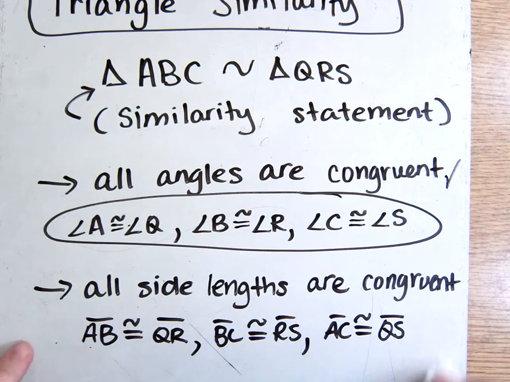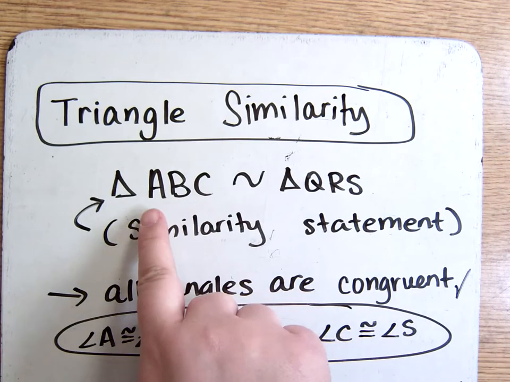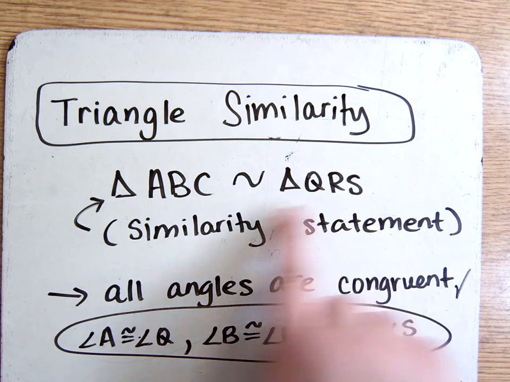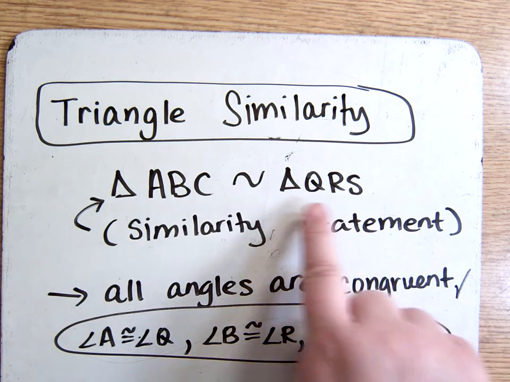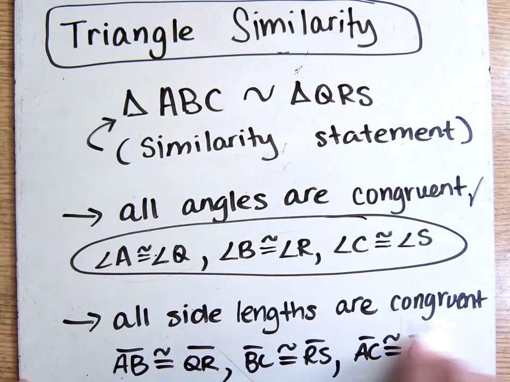All the corresponding, again, it's not really all the side lengths, all the corresponding side lengths, meaning, for instance, side CA and side SQ, which I know correspond because C is the third letter and then A is the first letter. Third letter, first letter, SQ. They aren't congruent at all.